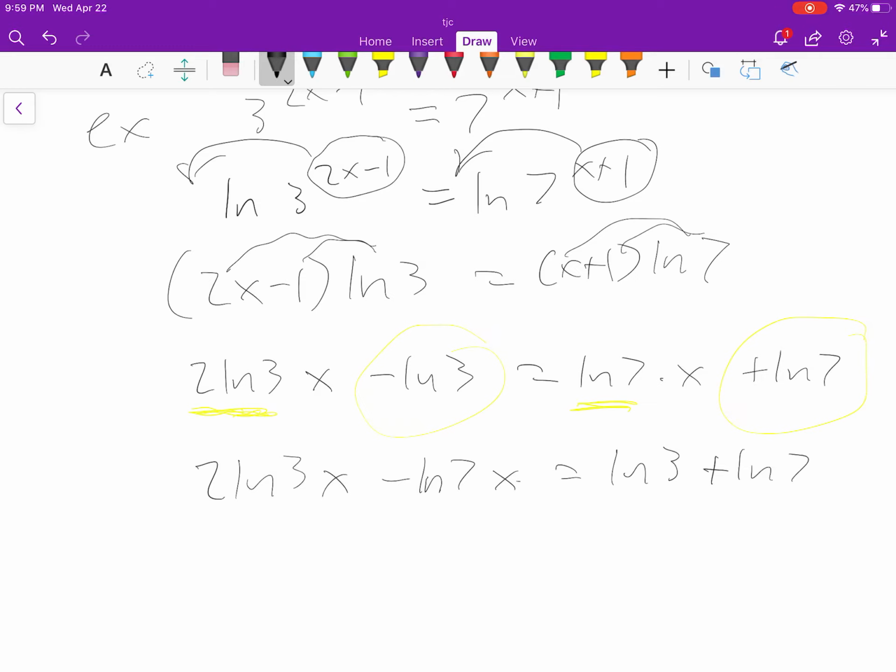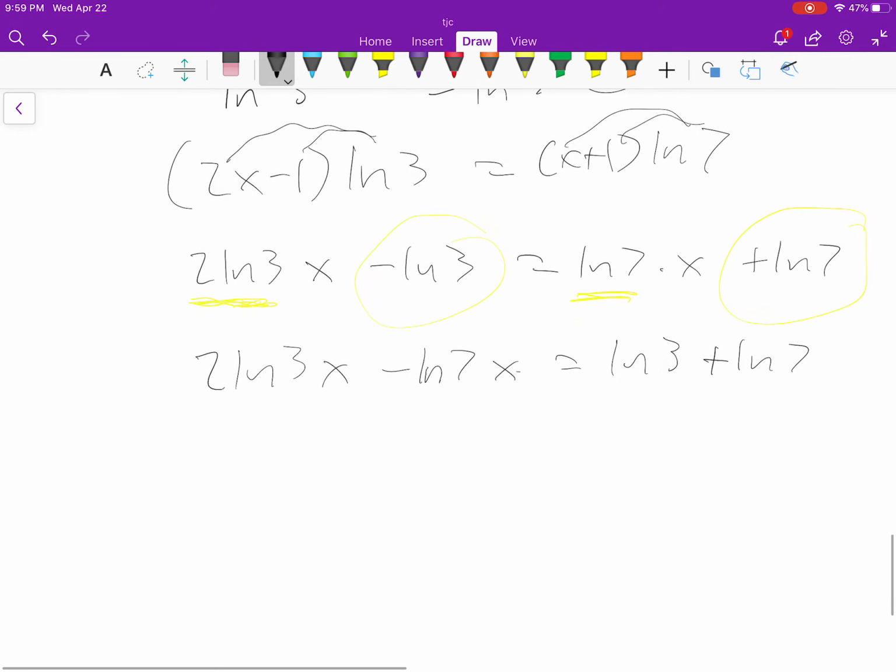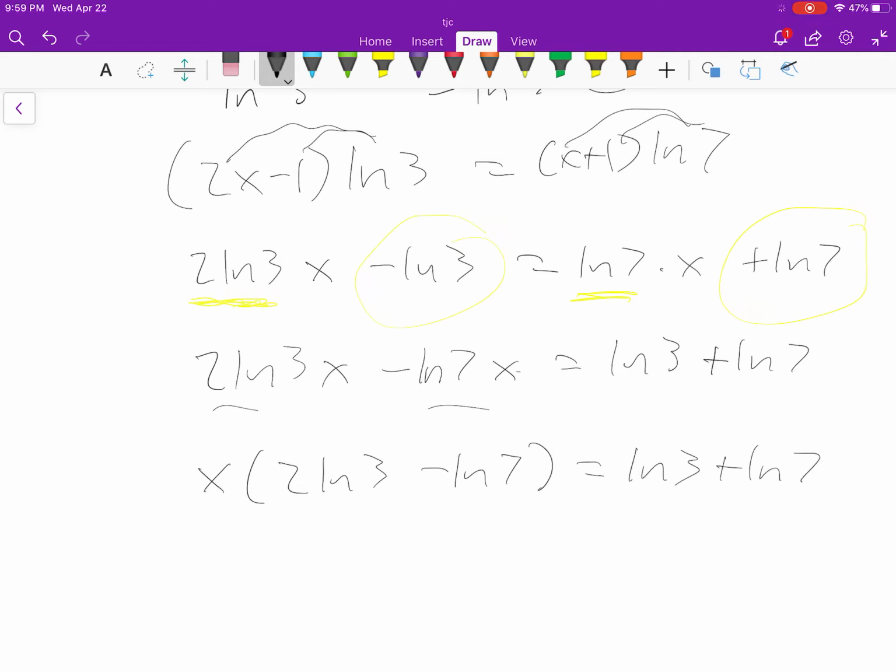So I just moved it by adding the ln 3 to both sides and subtracting the ln 7 x from both sides. Okay? Then what I'm going to do is factor out the x. Both of these two terms have an x. I'm going to factor the x out in front, group what's left. And then this right here is just a number, as is this.